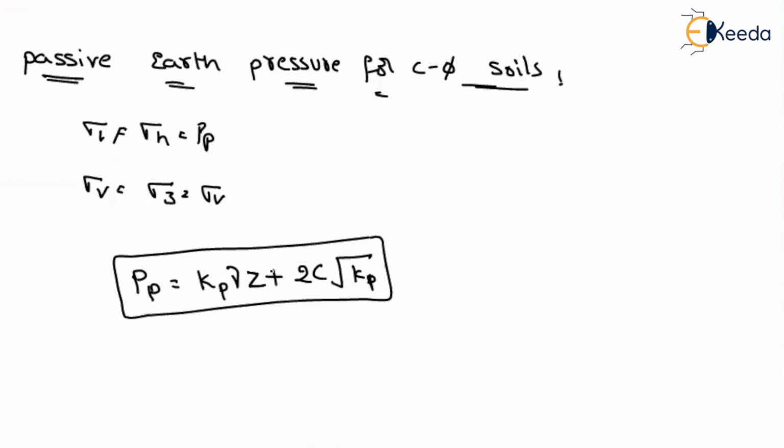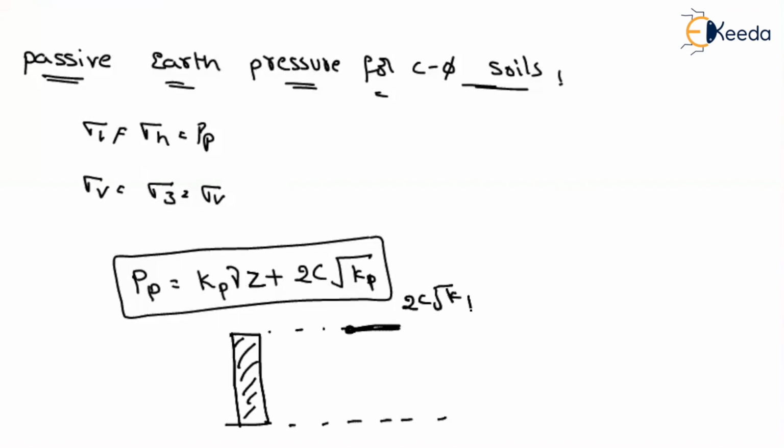Hope you understand. Now, let me draw the diagram here. Suppose, let us consider a retaining wall like this. At the top of the soil, what is the Z value? 0. Then what is the magnitude you are getting? You are getting a magnitude of 2C into root Kp.